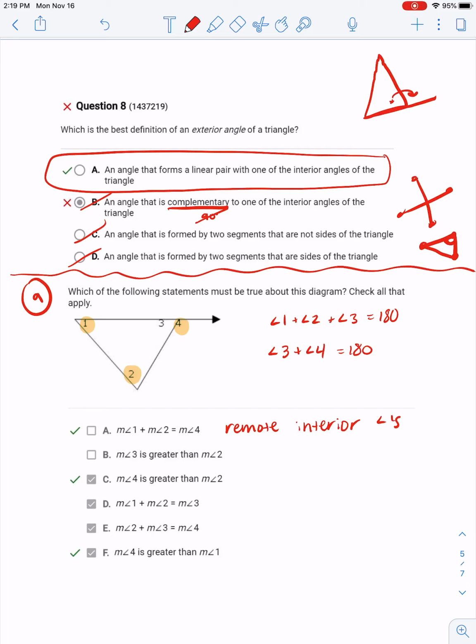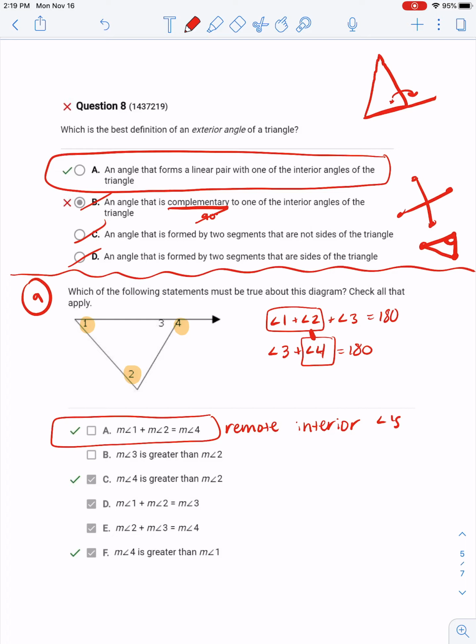So if I just substitute angle 1 and angle 2 with angle 4, those are congruent, because if I add 1 and 2 to 3, I get 180. If I add 4 to 3, I also get 180. So I'm really just substituting those in. So that's good, okay?